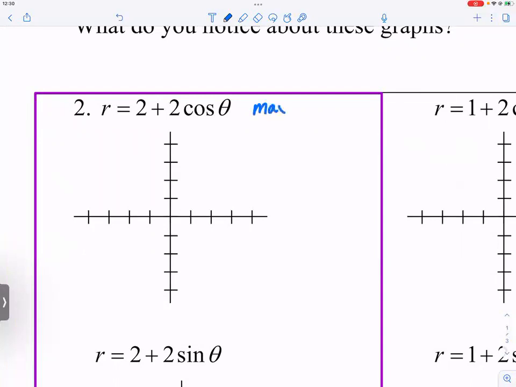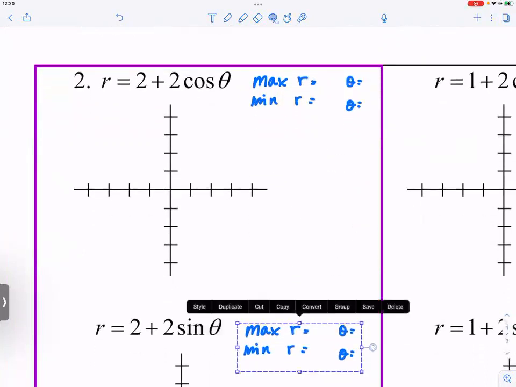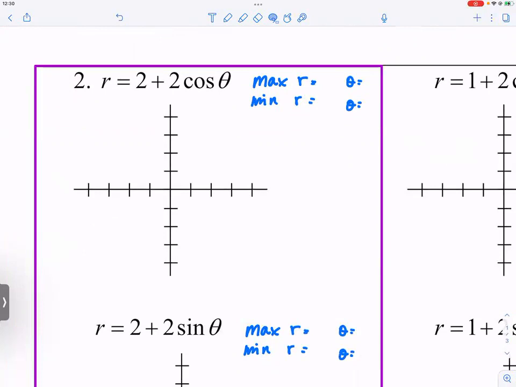I want you to write down the maximum r and minimum r, and also write down at what theta these radii occur. So take a moment to plot these graphs with the calculator.